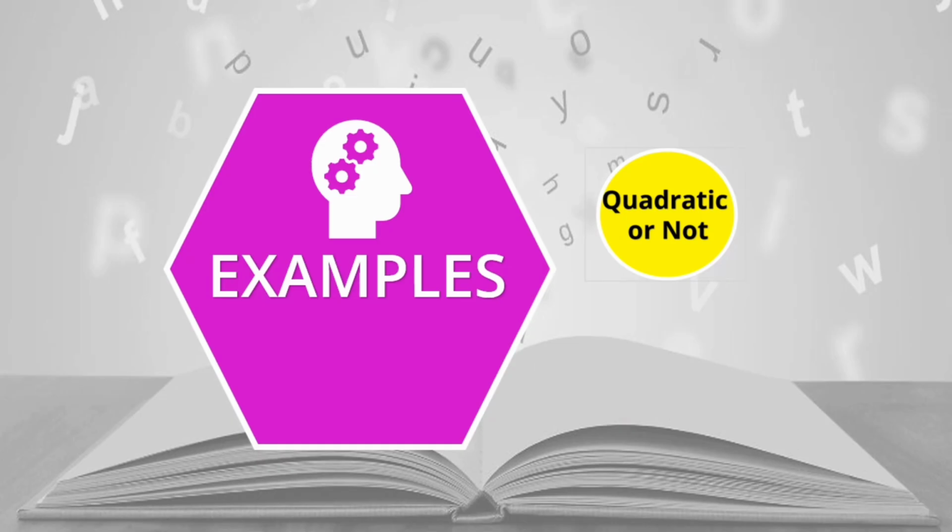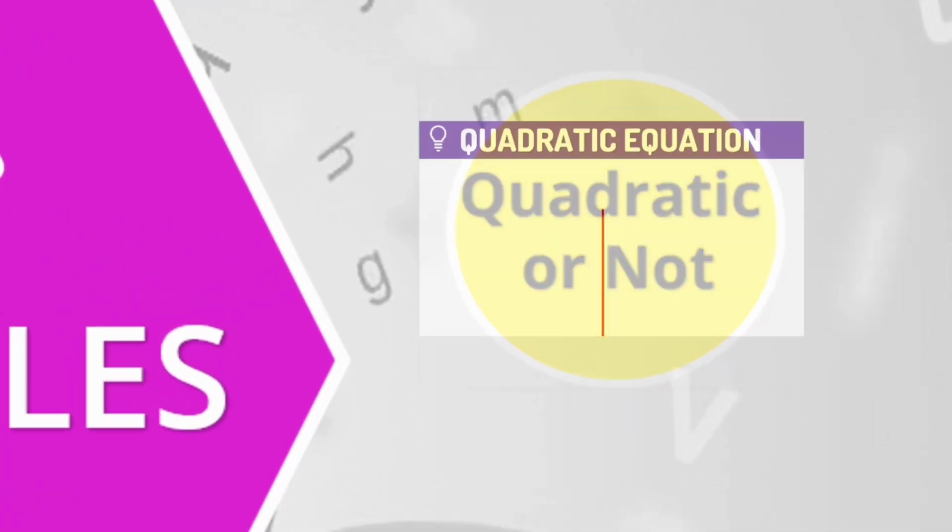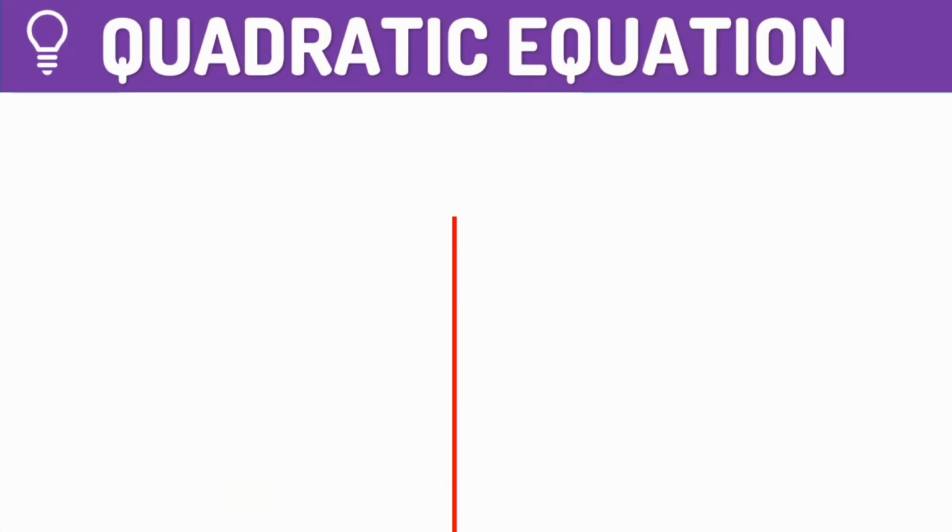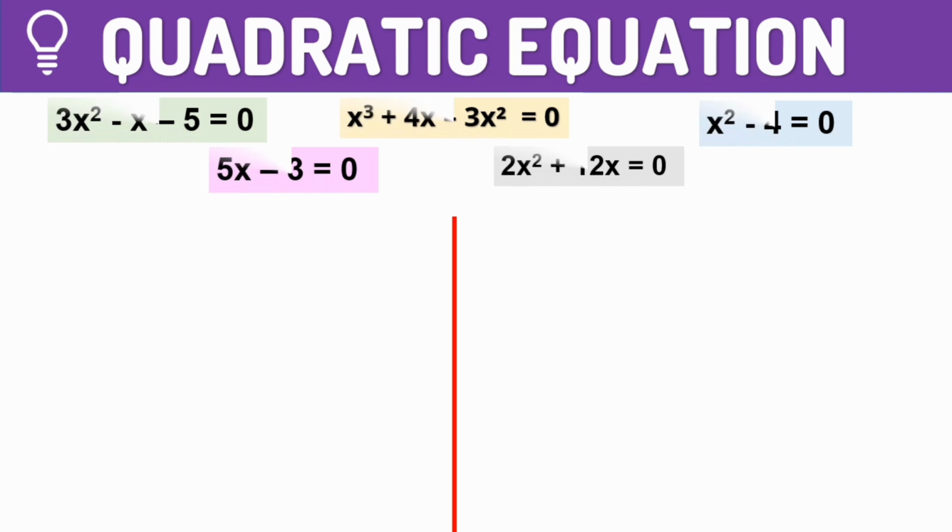Let us now have the examples of a quadratic equation. We have now 5 equations here, and we're going to identify which among these equations are quadratic and which among these are not quadratic equation.